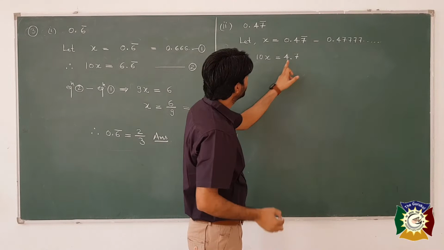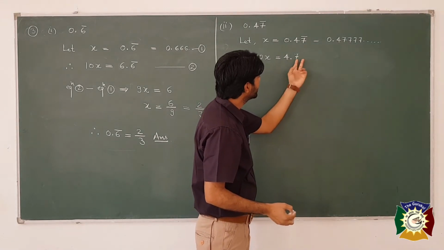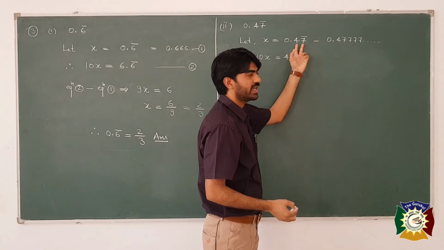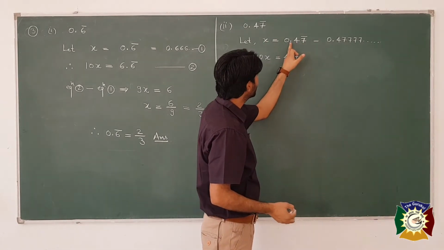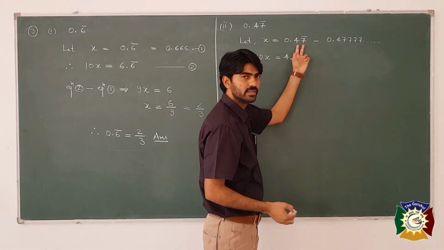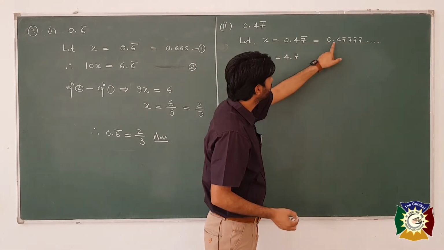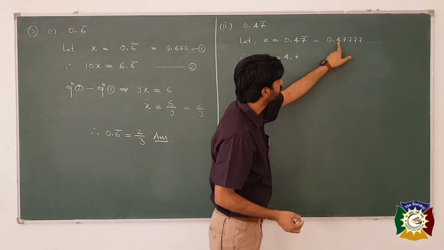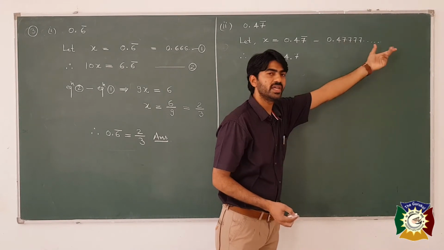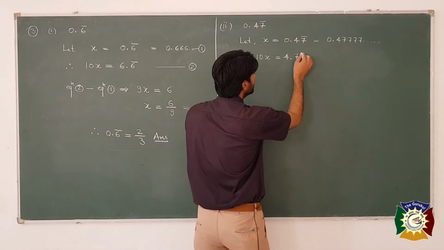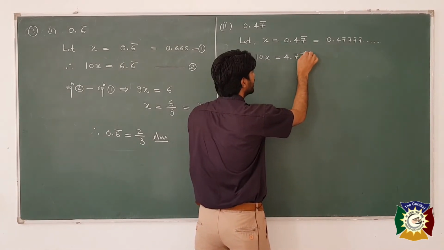But after decimal I will take the digits as many digits are there in this x. So in x after decimal 2 digits are there. So I will take 2 digits here. So if decimal is here, so 4.777, many 7 are there. So I will take 2 digits. 7, again 7 and bar on 7.